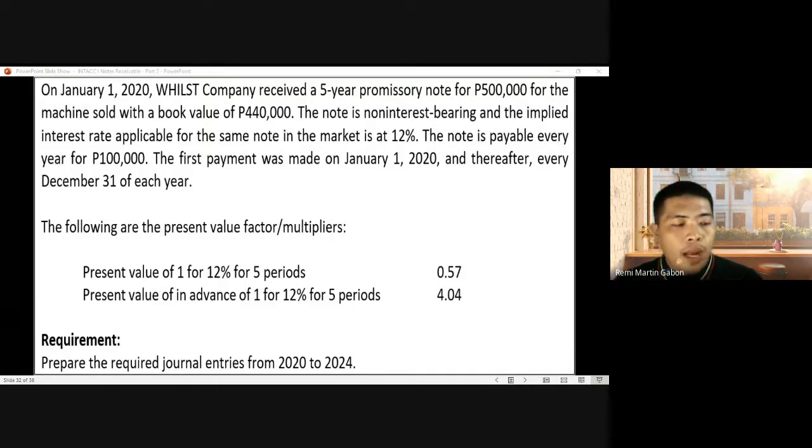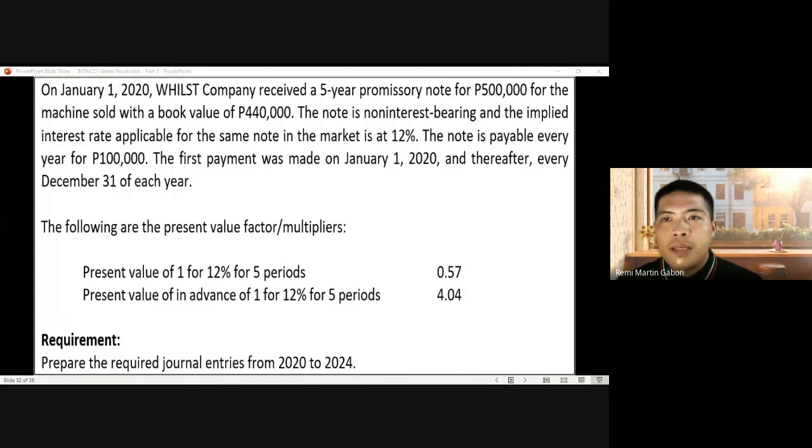Dapat ang nakuha is 0.6355. Can you raise hand? Yan. Okay. 0.6355. From 0.6355 something, apply ka ulit.